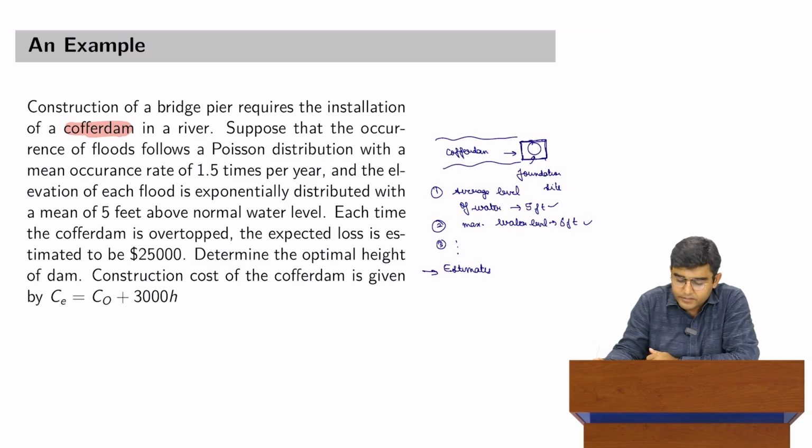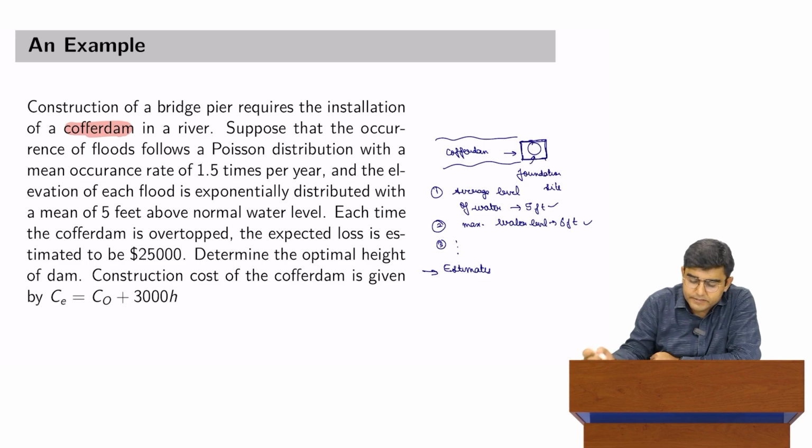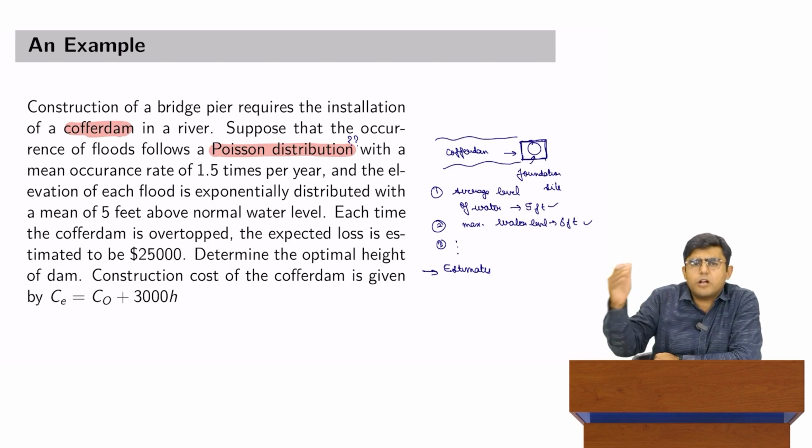Given data, how we can characterize the probability of any event exceeding what I have designed for a particular infrastructure system. Now, if we go back to our question, it says that suppose that occurrence of flood follows Poisson distribution. Right now, you may ignore this particular term if you are not familiar with that. We will have detailed discussion, but it is one of the probability functions that is widely used in real world.